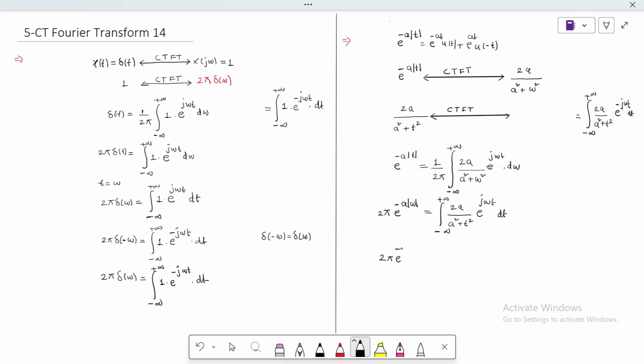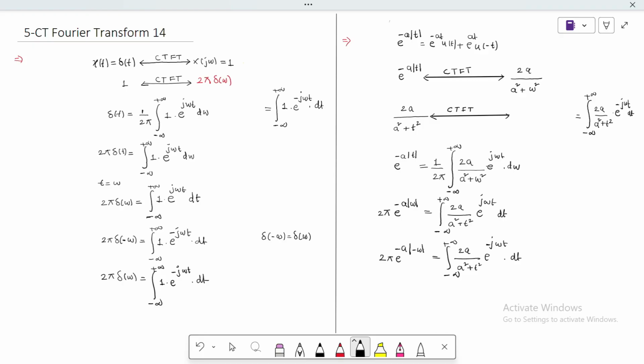So 2 pi e power minus a times minus omega equals the integral from minus infinity to plus infinity of 2a by a square plus t square into, here omega must be replaced by minus omega, so e power minus j omega t into dt.